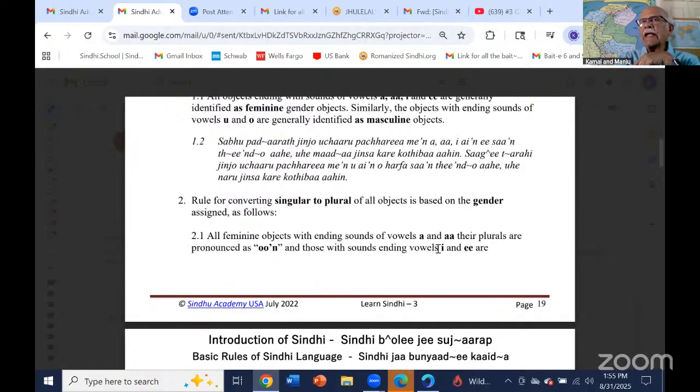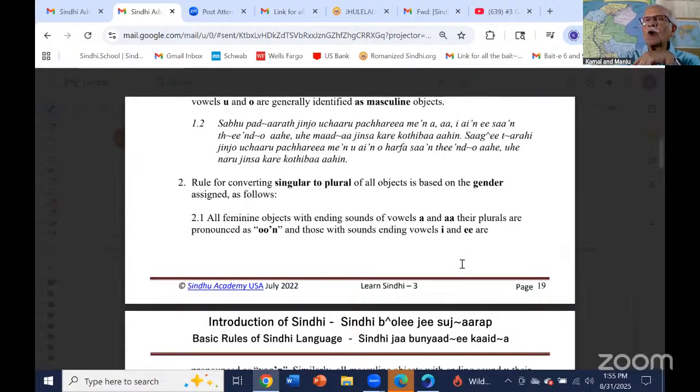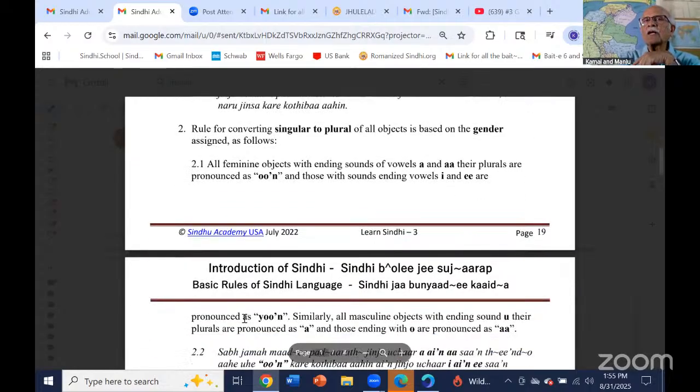And then A and E, those two vowels, their plural becomes yun. Akh, the plural becomes akyun. Chokri, chokryun. Zala, zalun. Akh, akyun.